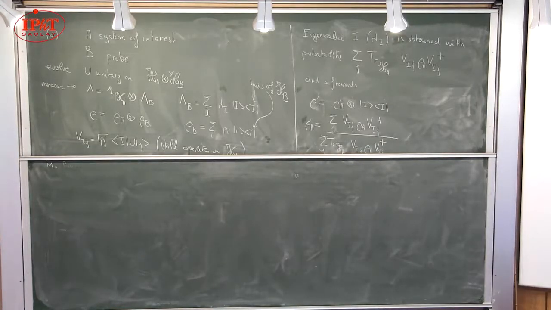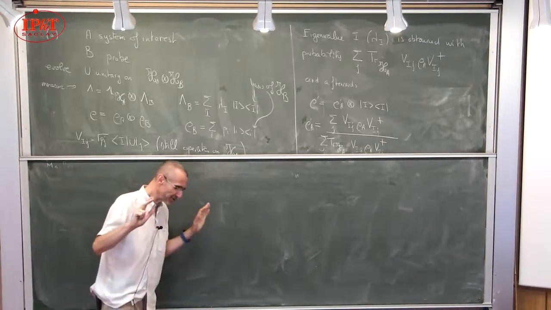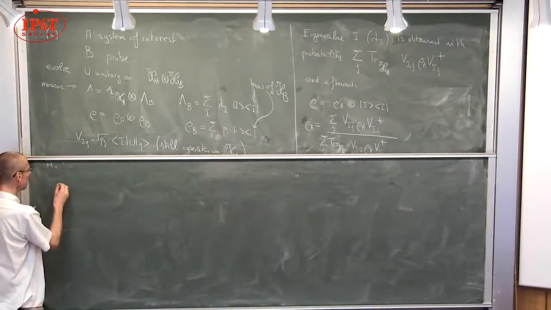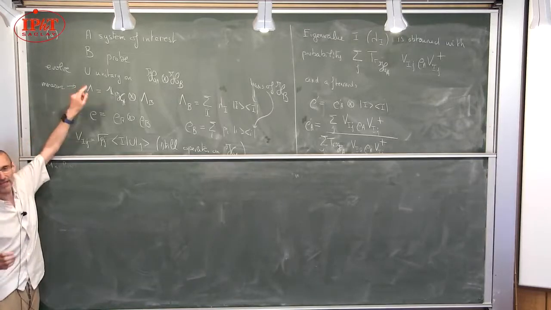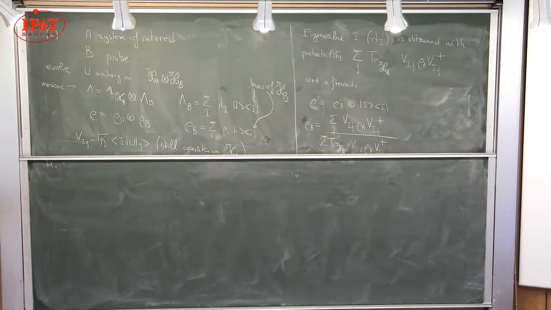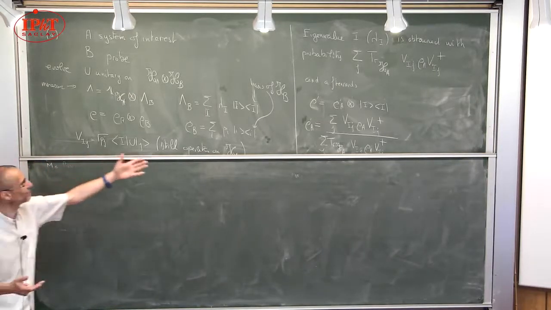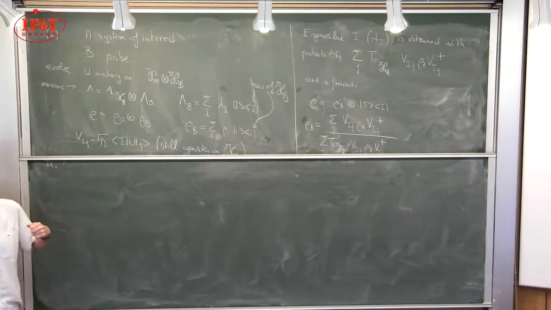We have in mind a situation in which at some time A and B are far from each other, so they are independent, rho A and rho B. Then they interact with each other, and U is creating correlations or coherence between A and B, and this is why when we measure we get a non-trivial result. So in fact it is a period of interaction between the two systems that creates all the correlation, entanglement, and whatever.